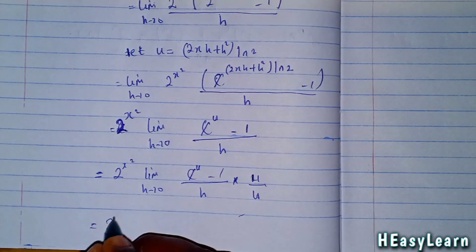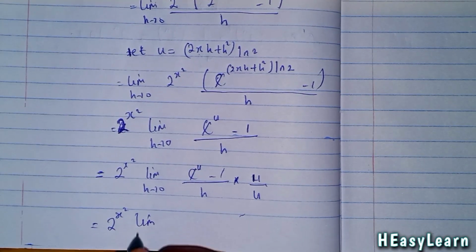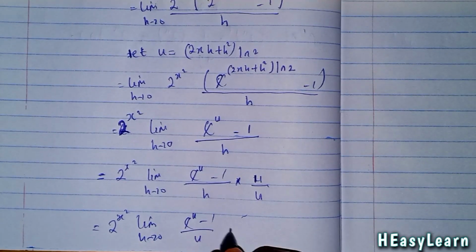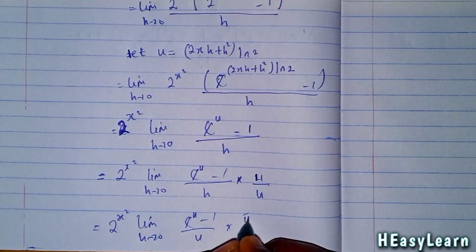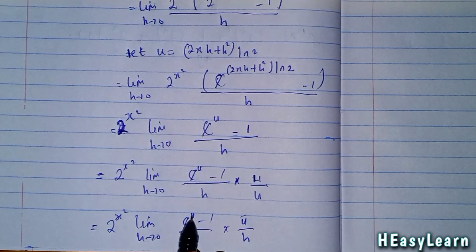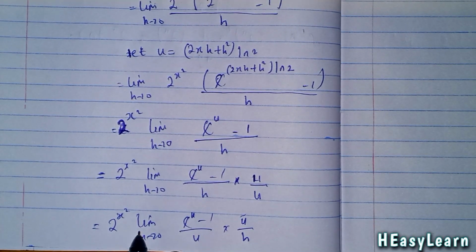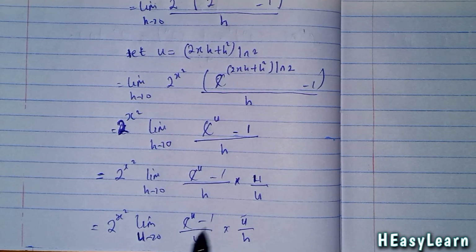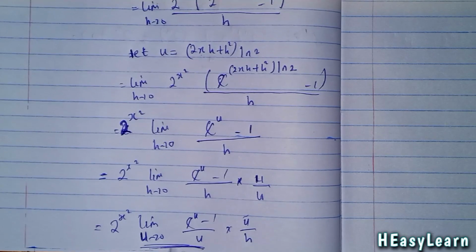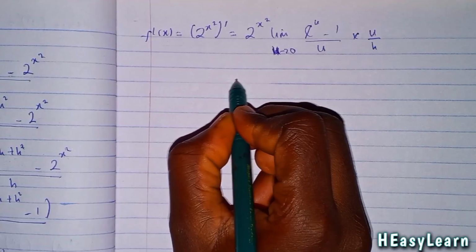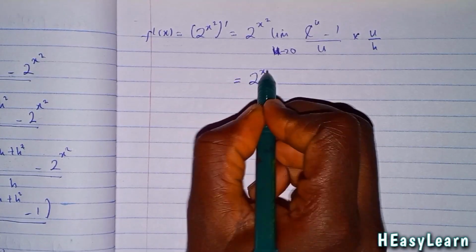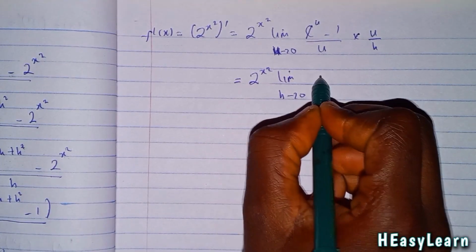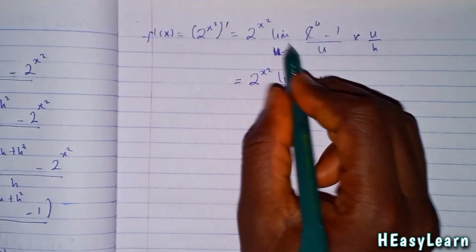This is the same thing as 2 to the power of x squared, the limit as h approaches 0 of (e^u minus 1) over u, multiplied by u over h. Because u approaches 0 as h approaches 0, the limit corresponds to the limit as u approaches 0 of this expression. This is a standard limit, which is equal to 1.